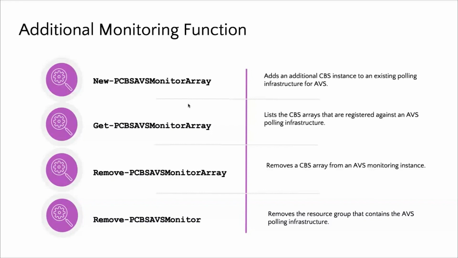Those arrays can also be added to the polling infrastructure so that EVS host updates can occur across all the CPS arrays. You can do that by using the new monitor array function. And if you want to have a list of CPS arrays that are registered for the EVS polling or lifecycle management, you can use the get function, and then you can remove those arrays or remove the whole monitoring infrastructure.